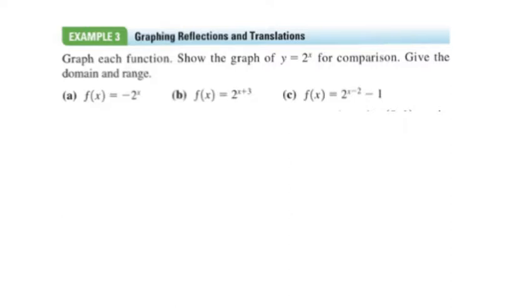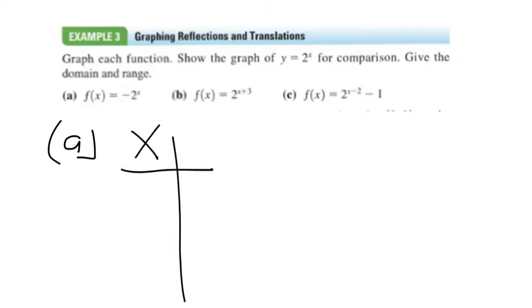So for the next example, it says graph each function. Show the graph of y equals 2 to a power of x for comparison. And give the domain and range. So let's start with part A. Start with doing a t-table of x and y values.